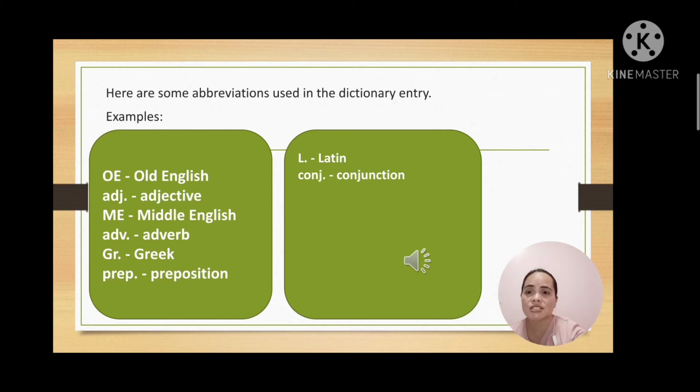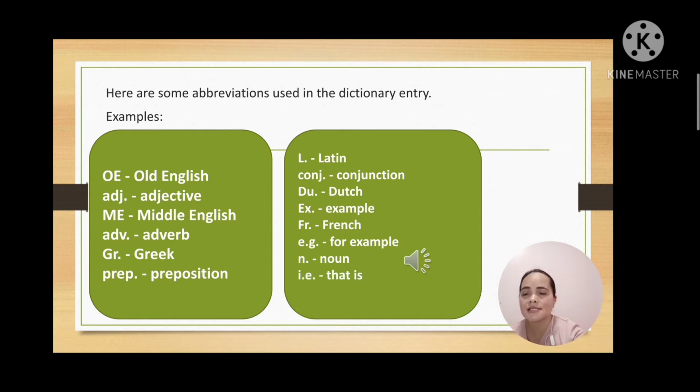Conj for conjunction. TO for the Dutch. X, example. FR, French. EG, for example. So you see the difference, X and EG. Next we have N for noun. IE, that is. And V, verb.